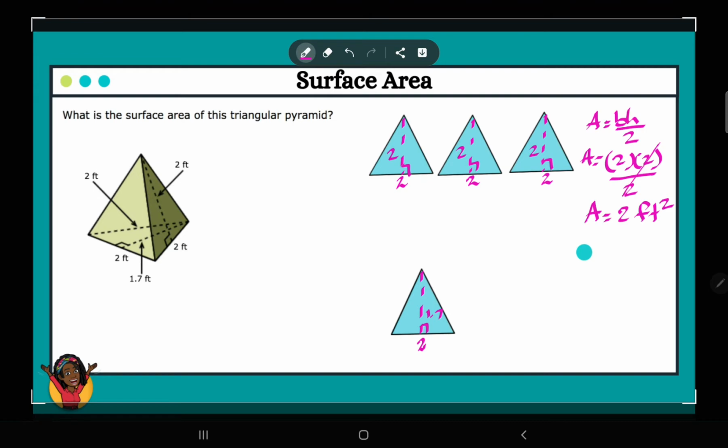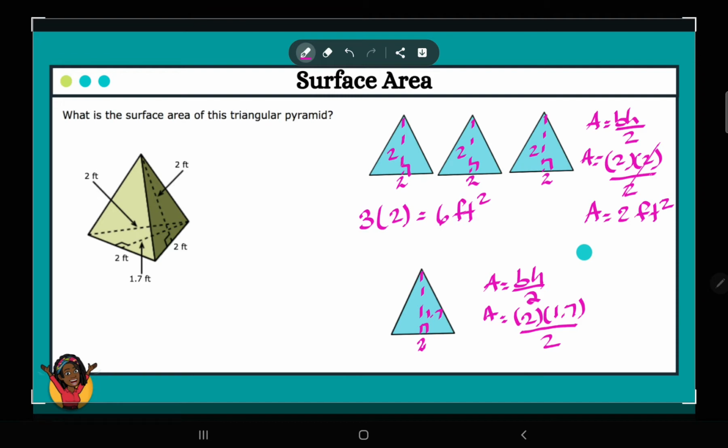Now there are a total of 3, so we're going to take that number and multiply it by 3 for a total of 6 feet squared. Now let's take a look at our base. So we have here 2 times 1.7, and that's being divided by 2.